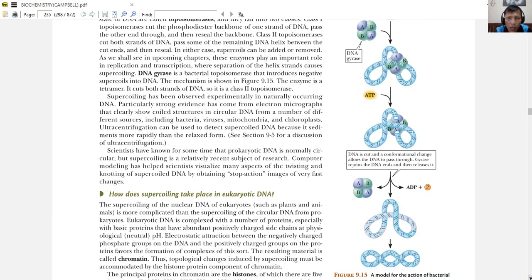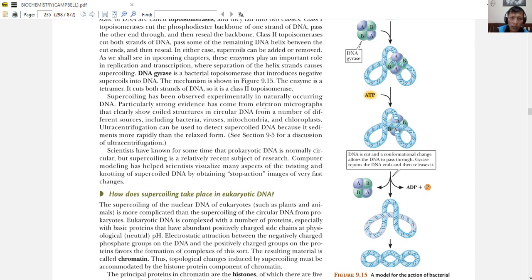It's giving us information about how they discovered supercoiling. Supercoiling has been observed experimentally in naturally occurring DNA. Particularly strong evidence comes from electron micrographs, a device wherein they can look at the molecular level of molecules.